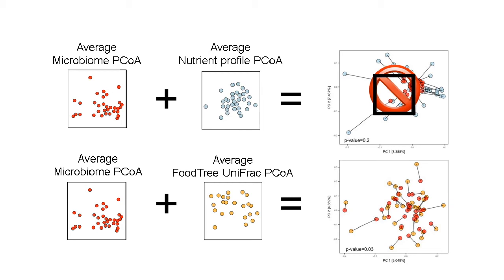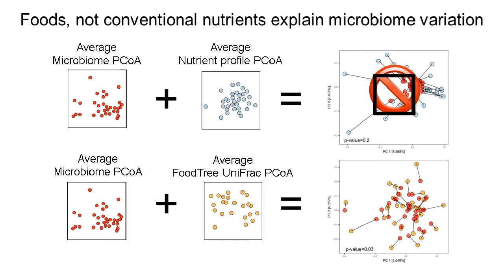So, to me, this was a little bit of evidence that the food tree is sort of working, and that it might be helping to capture a little bit of the information about this dark matter in the foods. Ideally we could just have a full profile of all of the chemical constituents of every single food, but we're a ways off from that for now.